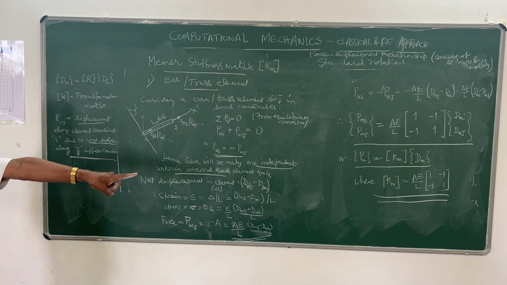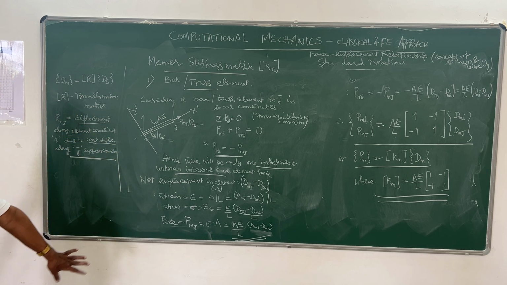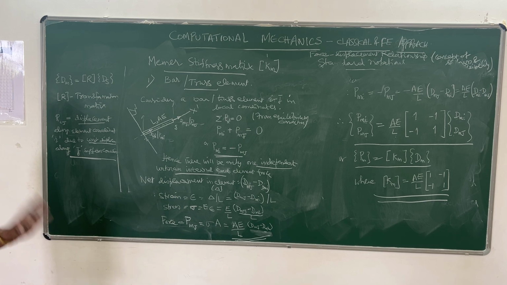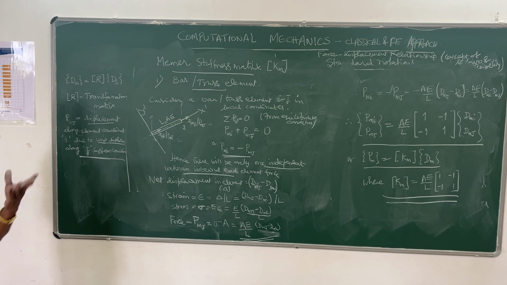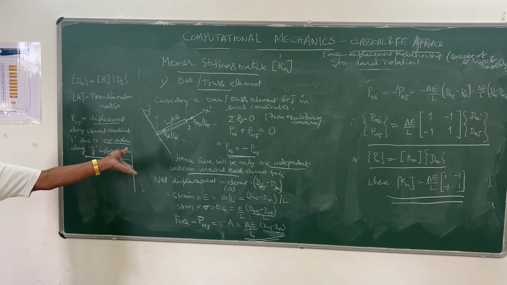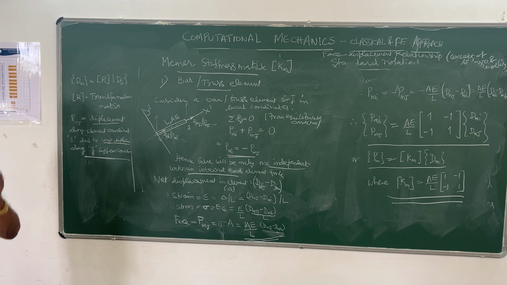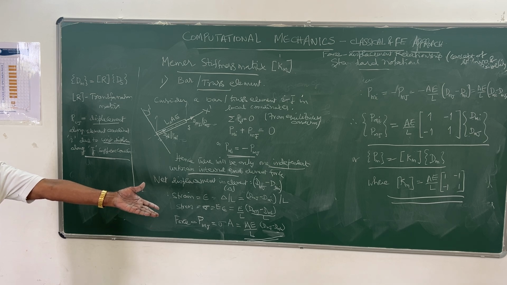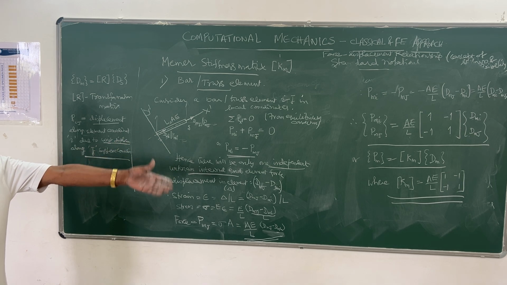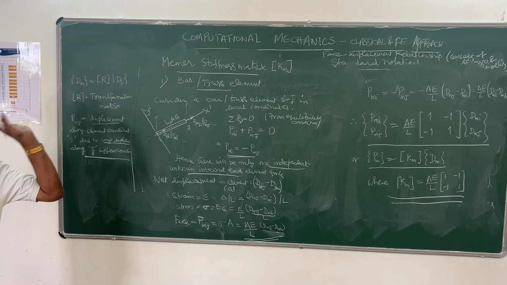Now you remember this KL, stiffness matrix for a bar element. Of course, member element, local coordinate only, is given by AE by L, axial rigidity of the member. Area is geometry only. Material property, AE by L, 1 minus 1 minus 1.